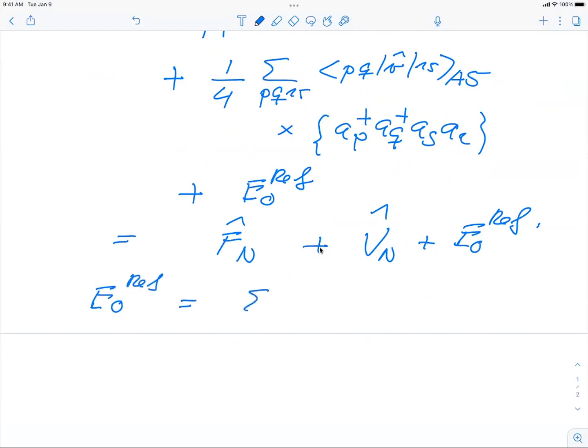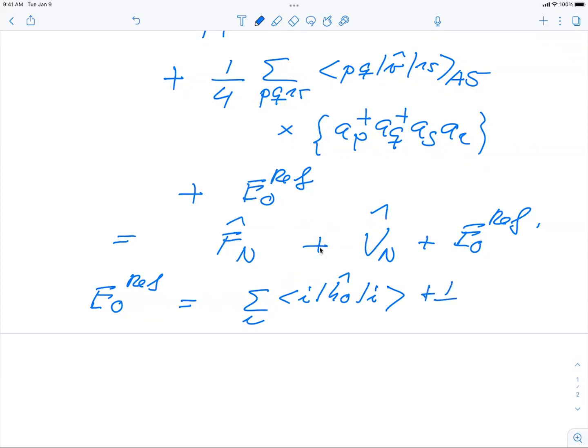This is the sum over all the states below the Fermi level. So when I write a letter like I, it means implicitly that these are only states below the Fermi level. And this has an I, and this expectation value of the one-body operator, which now contains kinetic energy plus an external potential.